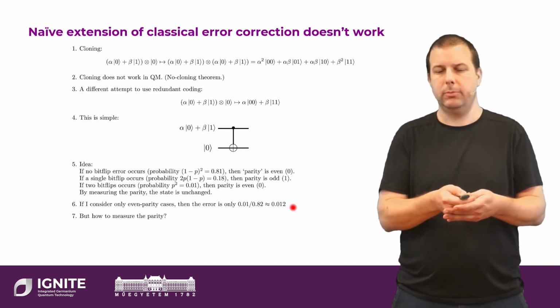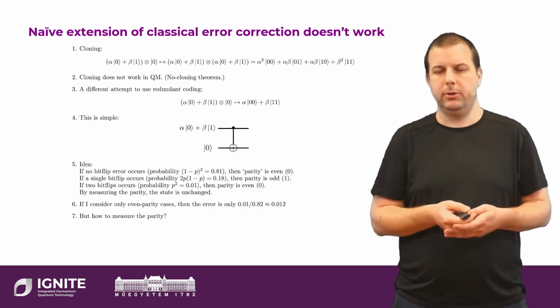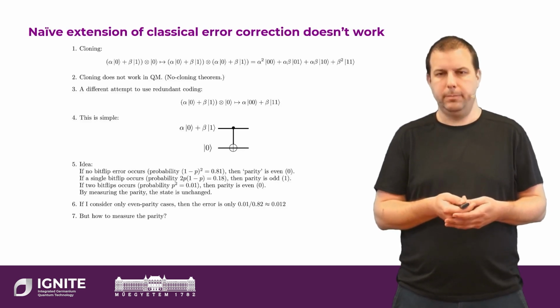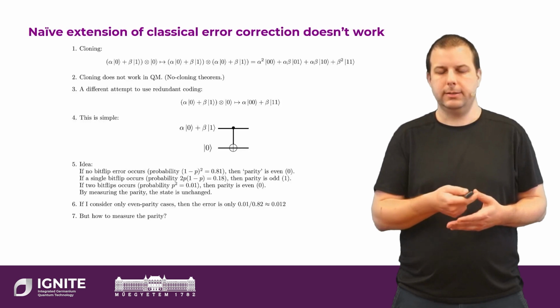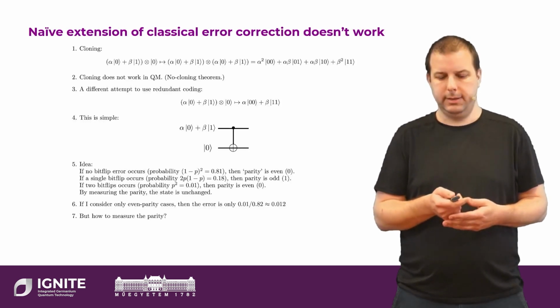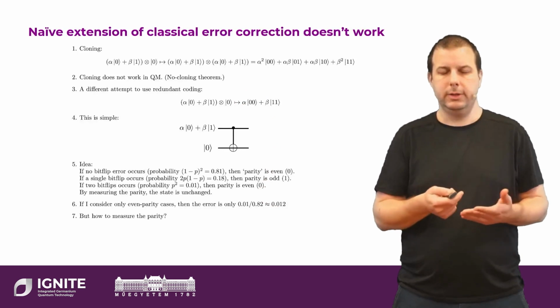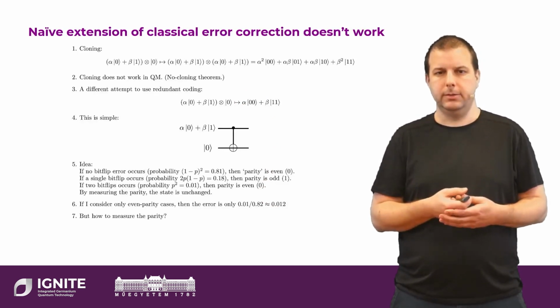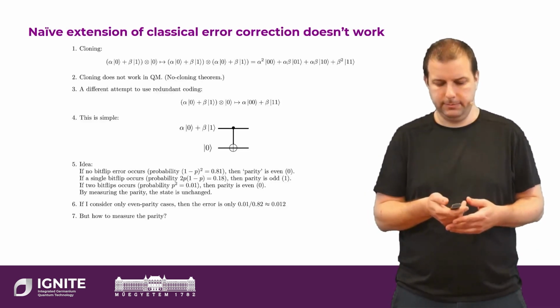So the error probability I get after this post-selection scheme is slightly above 1%. And this is a huge decrease compared to the original p = 10% error probability, which characterizes a single qubit. So this entangled encoding is indeed useful in this sense, if we can measure the parity. So the final question here is how to measure the parity of this.